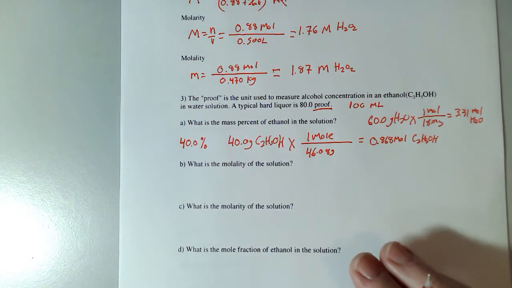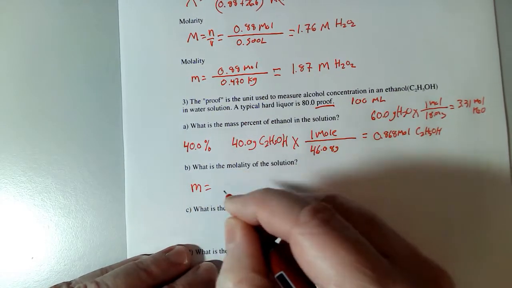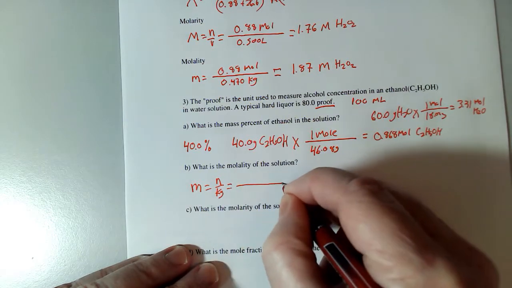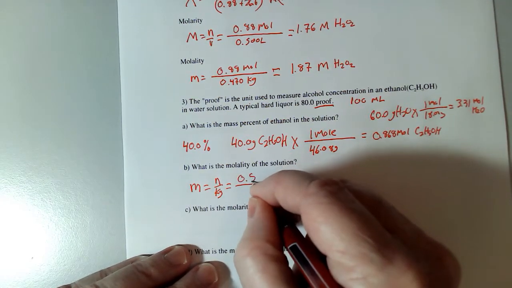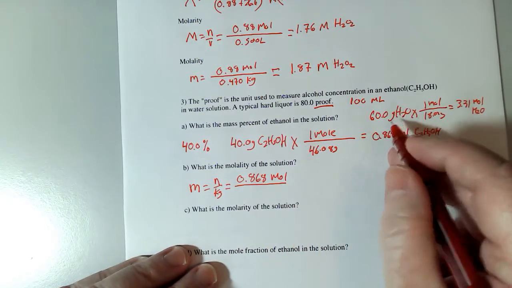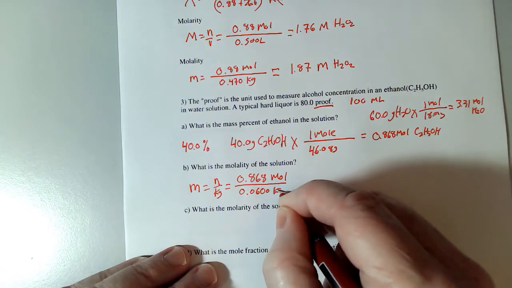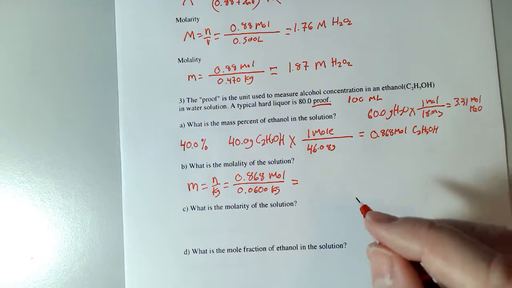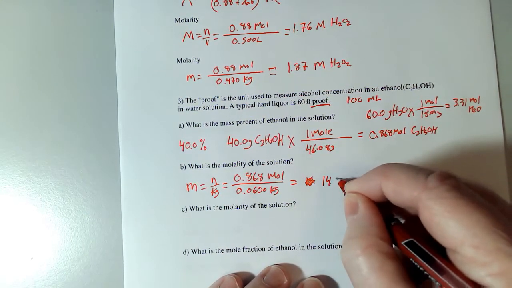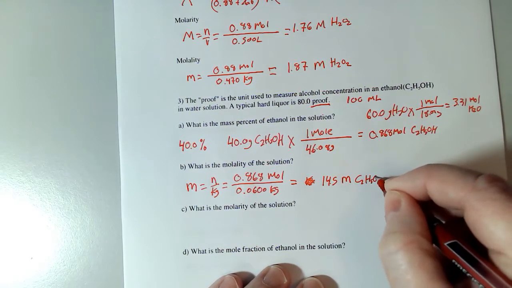Okay, so the molality of this solution, lowercase m, equals moles per kilogram, which equals 0.868 moles, divided by, now that's 60 grams of water, divided by 1,000 is 0.0600 kilograms, which is going to equal 14.5 molal C2H5OH.